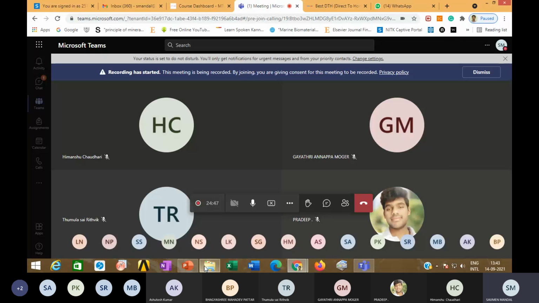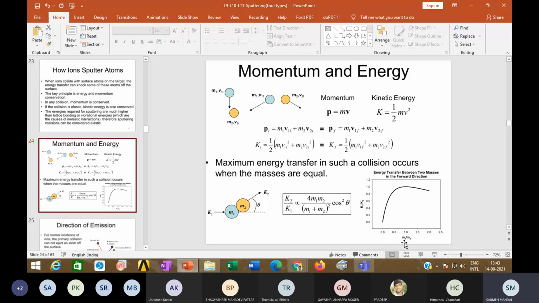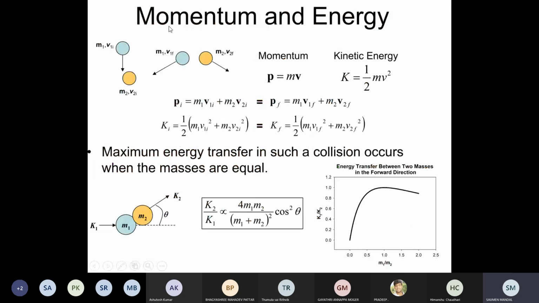I'll finish one more slide. Momentum and energy transfer: this is M1 V1, and this is M2 V2. This is argon, and this is the target atom.